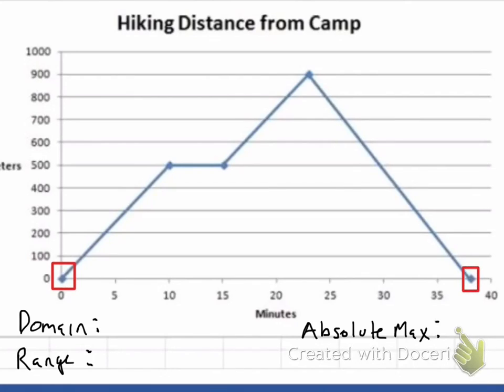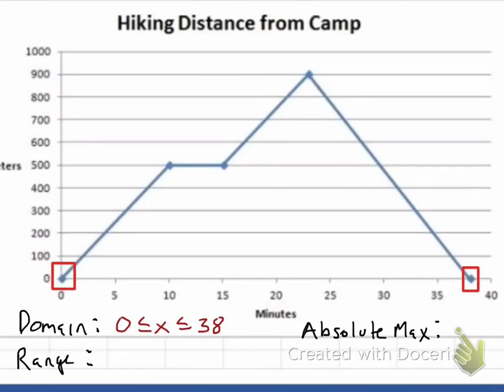So we can say x values, or the domain, is from 0 less than or equal to x, which is less than or equal to, and let's call that 38. Anything around there is fine.